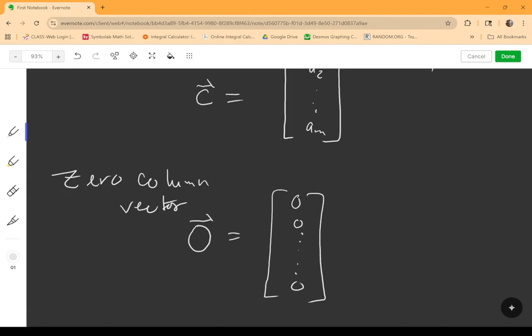Keep in mind, in terms of what we mean by equality here, this zero vector is not equal to 0. It's a vector. So let's be mindful of when we use equalities and what is on either side of them.